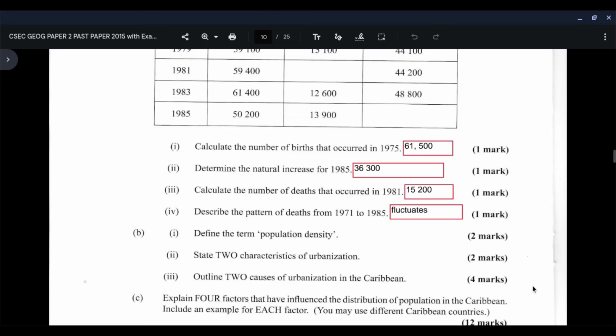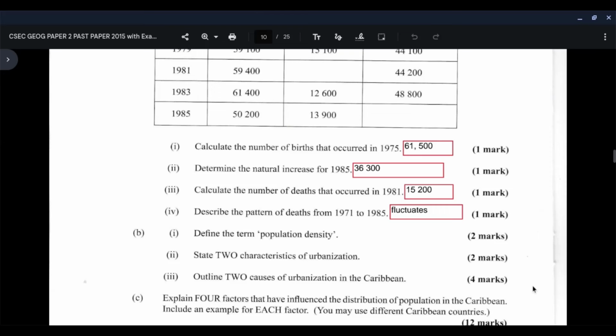Urban areas have better standards of living, better entertainment facilities, better paying jobs, better schools, and it's basically the economic hub for most countries. Hence the reason you'll realize a lot of persons migrate to the urban area. Once you were able to just outline any two of these causes, then 4 marks should be yours.